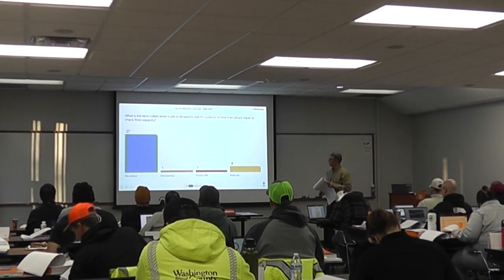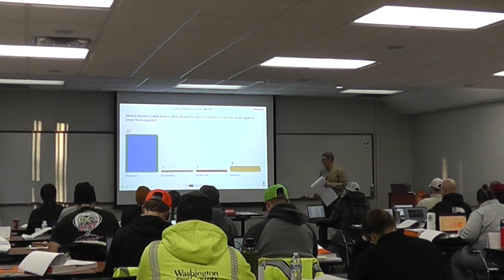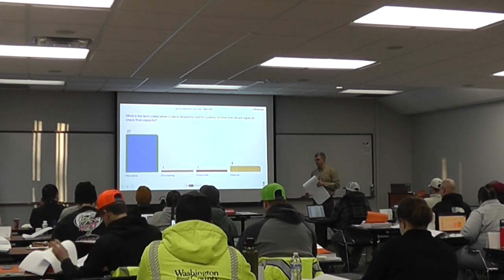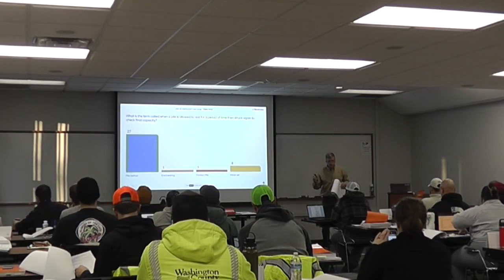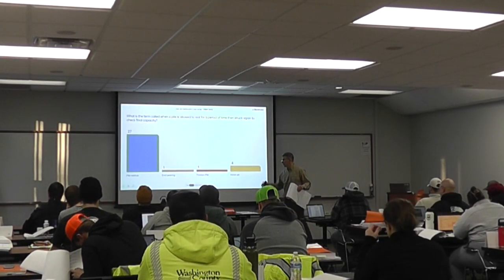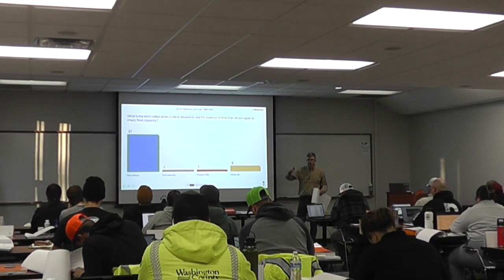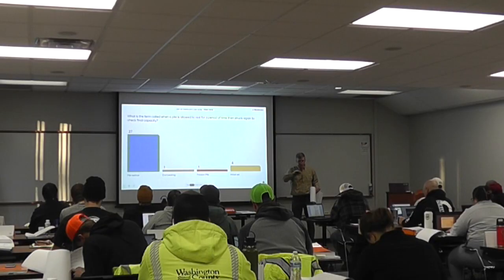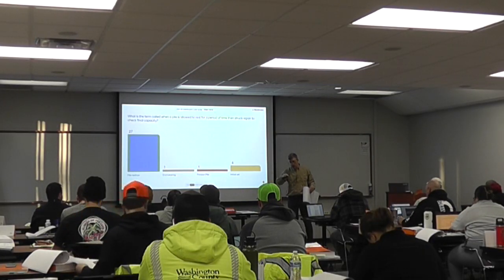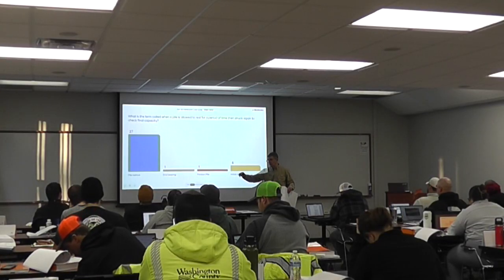What's the term called when a pile is allowed to rest for a period of time and struck again? It is pile redrive. We typically wait 24 hours, but depending on what the soils are, a different number might be utilized. End bearing is when you drive a pile down and anticipate reaching something dense, like rock or a hard granular gravel layer.